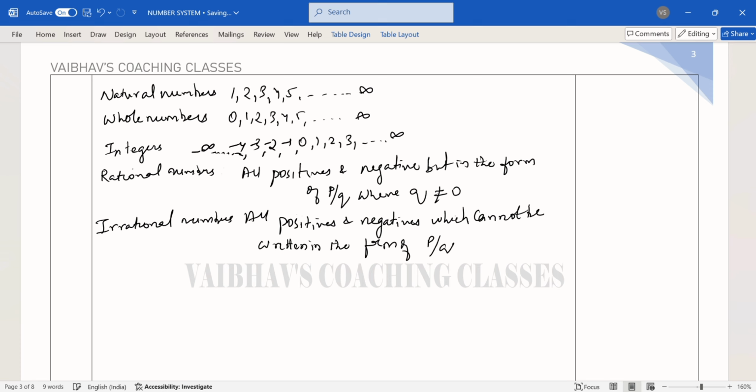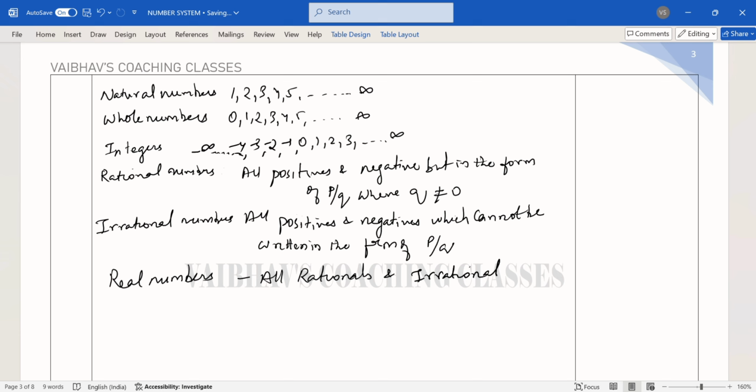We call them irrational numbers. And the last comes the real numbers. All rationals and irrationals come under real numbers.